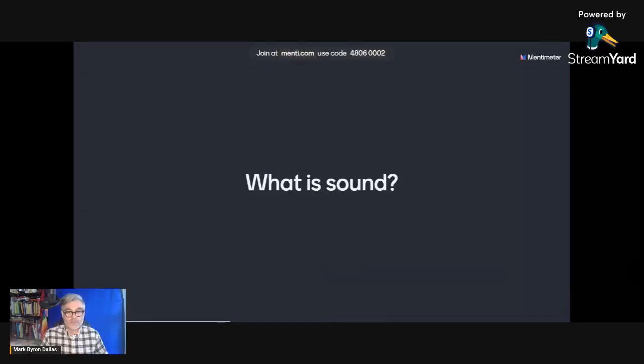And when an object vibrates, it causes movement in the surrounding air particles, which is why in space, nobody can hear you scream because there's no air particles. There's no particles close enough in order to vibrate each other to cause sound to exist.